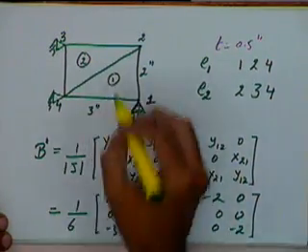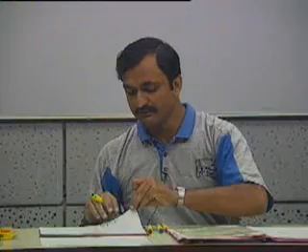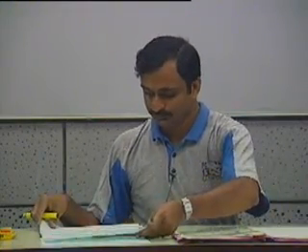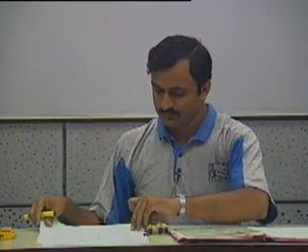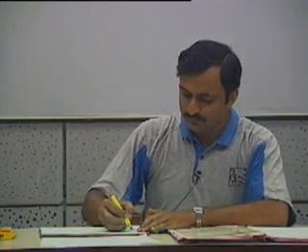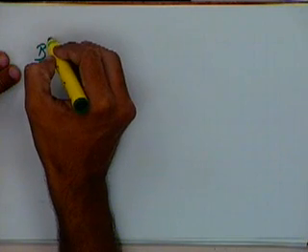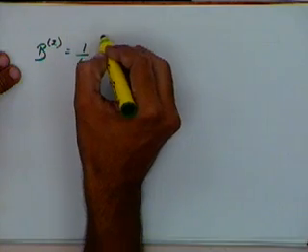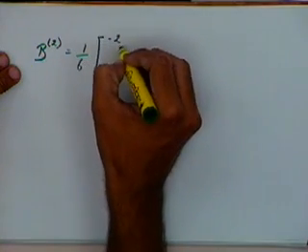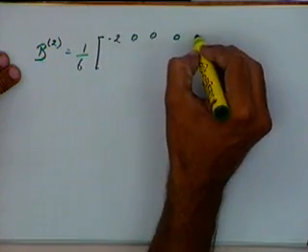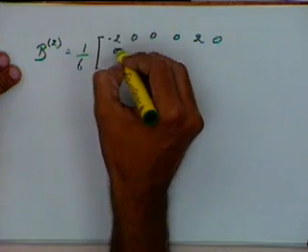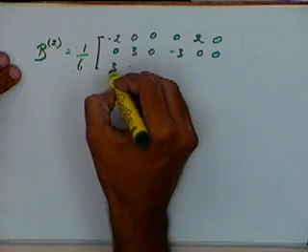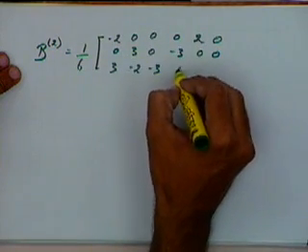This will be the B matrix for the first element, and similarly for the second element, B for the second element would come out to be 1 by 6 multiplied by minus 2, 0, 0, 0, 2, 0, 0, 3, 0, minus 3, 0, 0, and 3 minus 2 minus 3, 0, 0, 2.